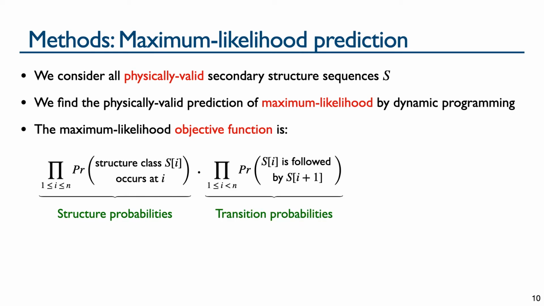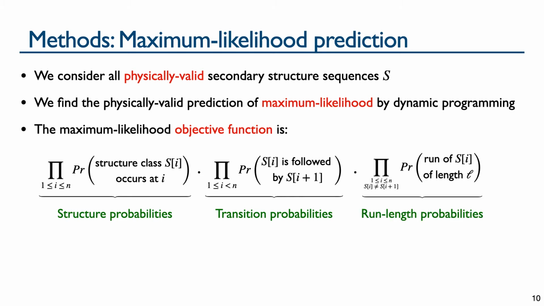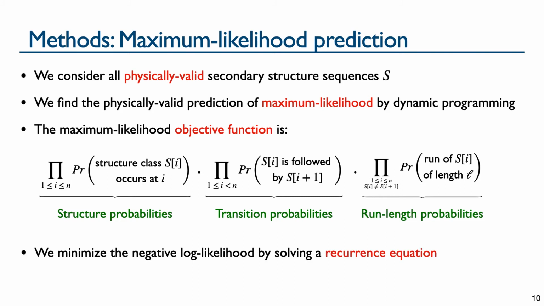This next set of factors deal with transition probabilities, or the probability that one structure state is followed by another structure state. And the last group of factors deal with run lengths and use the empirical distribution of run lengths observed in real proteins. We minimize the log likelihood of this objective function by solving a recurrence equation.